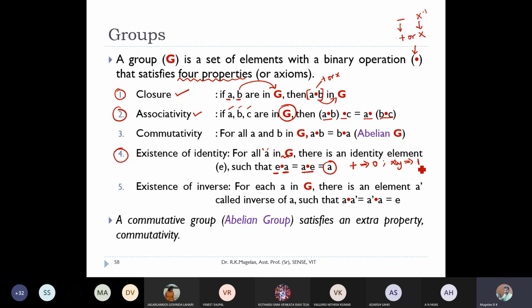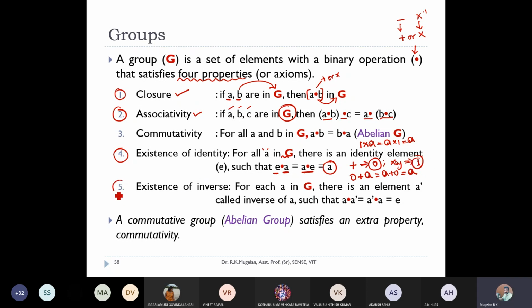If you take the identity element 0 and perform addition with A, it equals A plus 0, which is A. If you multiply 1 with A, it equals A times 1, which is A. So for addition the identity element is 0, and for multiplication the identity element is 1.